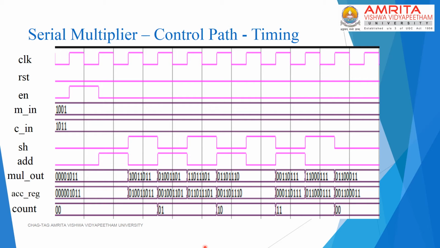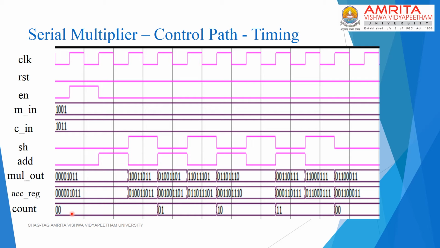Therefore, from the design of the data path, there are two control signals, namely the add and shift signals, which have to be generated by the control path. The function of the add and shift signal will be evident once we analyze the data path.